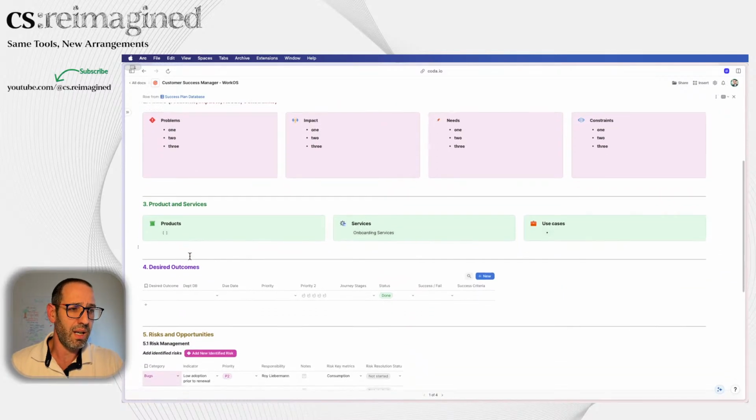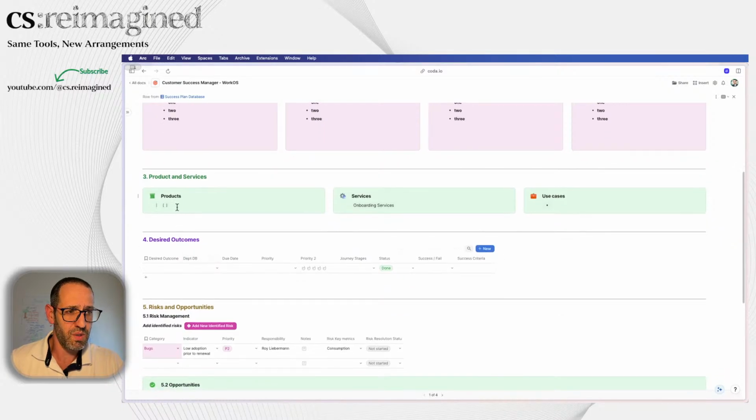The other part is product and services. By telling the story of which product they bought and which use case they are using, it's telling us a story of what exactly they are trying to achieve, and that can also help us shape the desired outcome, because at some point they know the problem but they don't really know what they need.